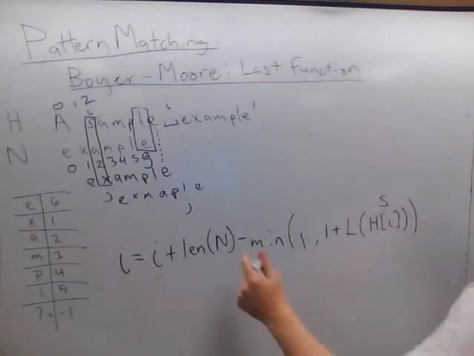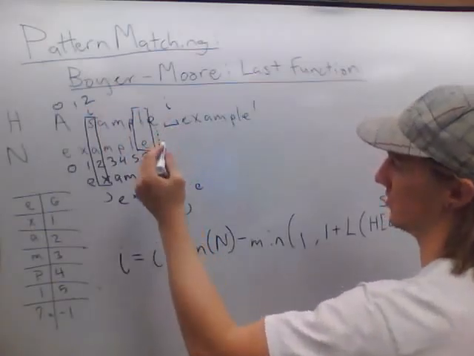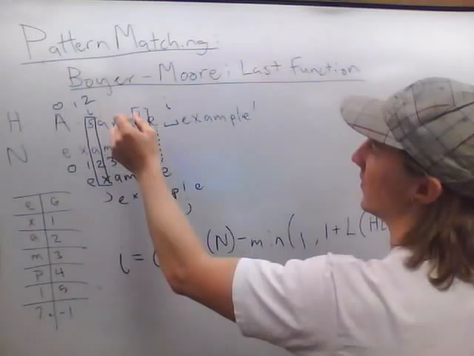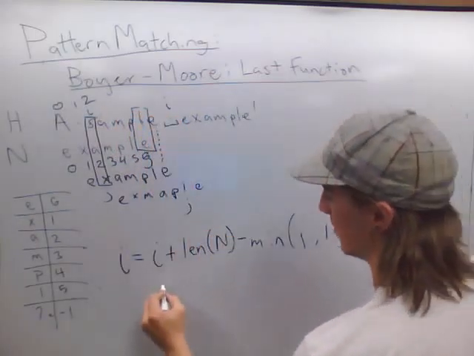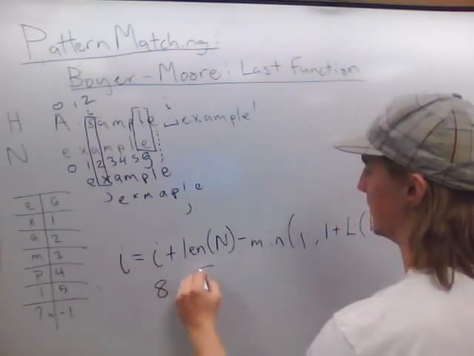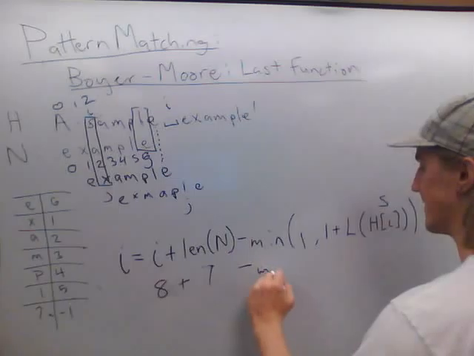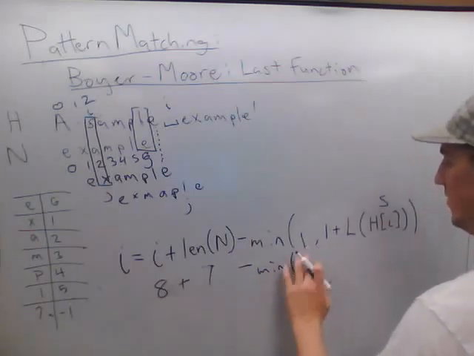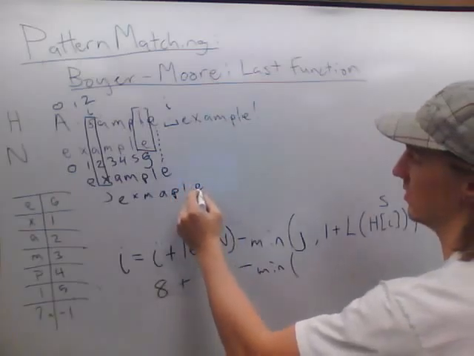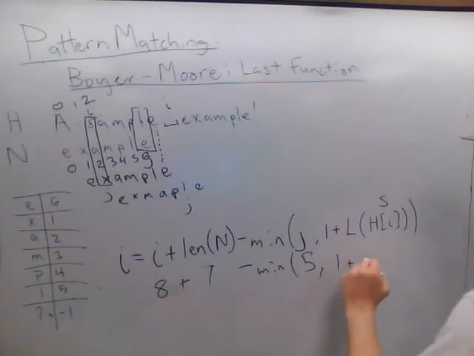And real quick, index I is 0, 1, 2, 3, 4, 5, 6, 7, 8. So 8 plus 7 minus the minimum of J, which is going to be 6, 5, or 1 plus.